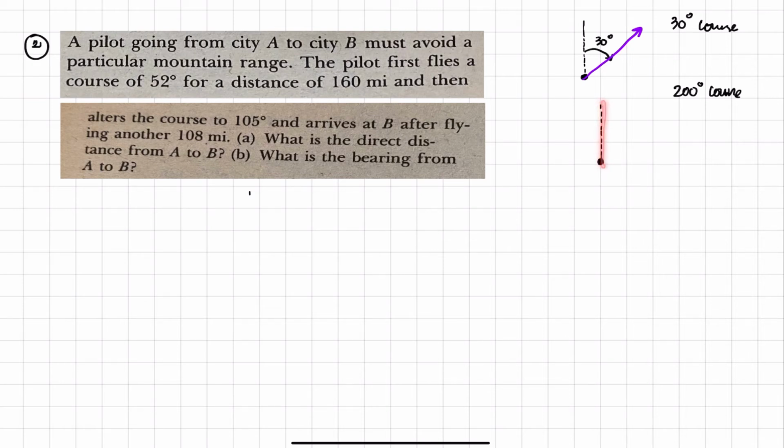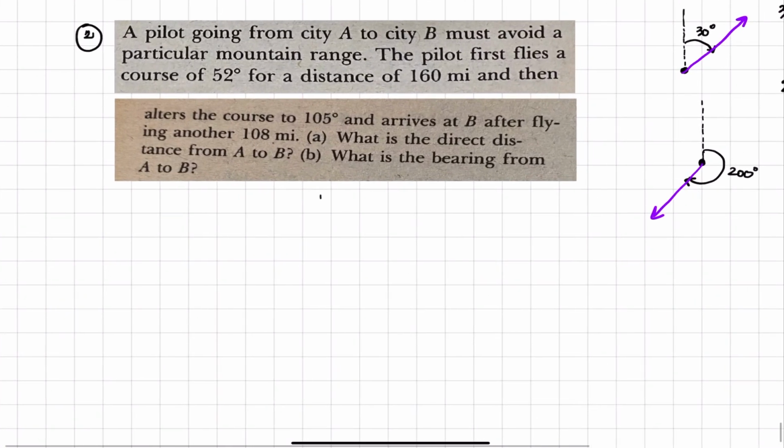Ito yung North Pole. So, 200 degrees, this is 180 degrees, tas lalampas ka. Okay, so, yun yung 200. So, itong violet, yun yung direction mo. Okay? So, ganun yung ibig sabihin ng course.